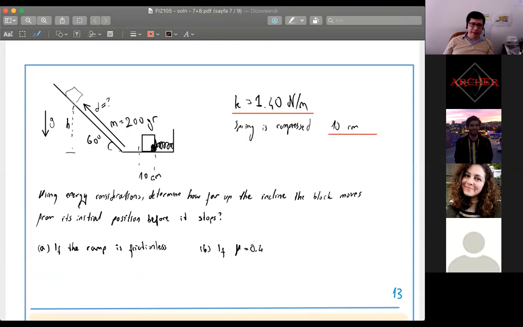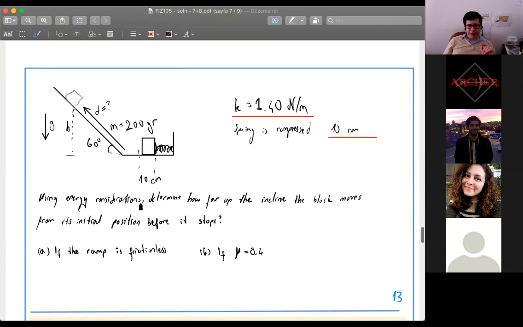Then the object is released. When released, the spring expands, losing some elastic potential energy, giving some kinetic energy to the object. Okay. Then the object reaches this point, begins to ascend, go up the incline.